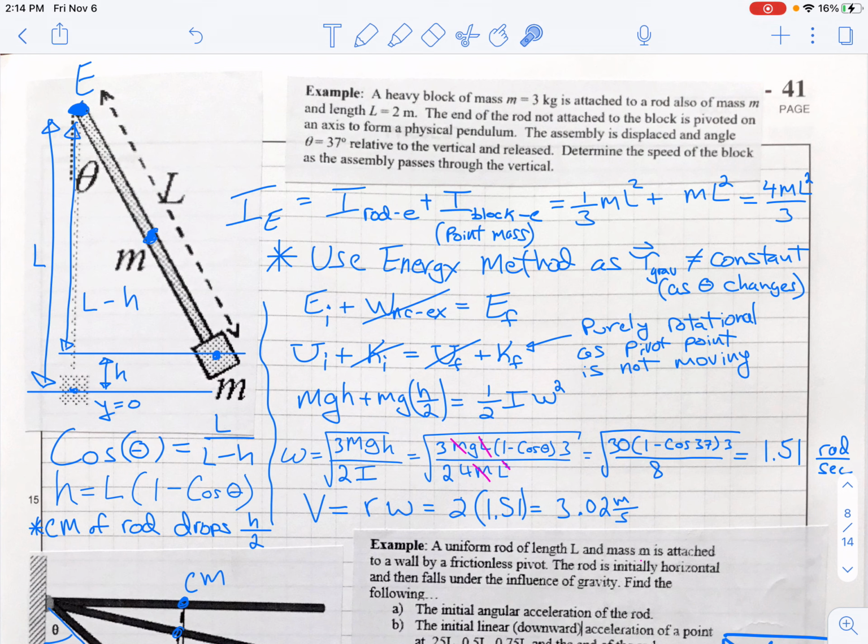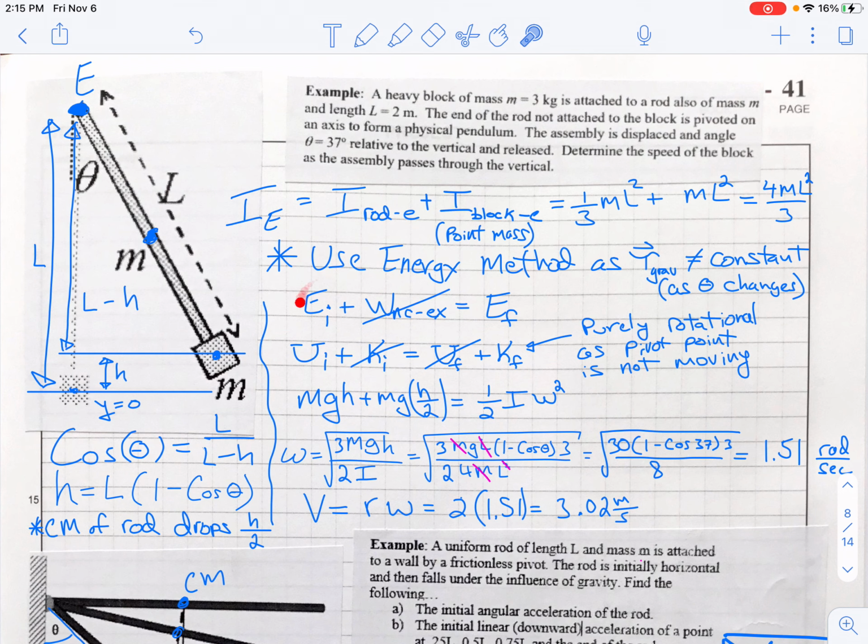So we're going to use energy here. Another clue that it's going to be good to use energy is that we're looking just for the speed of a block at a certain point. We can use the difference in height to help us find speed, when using forces, or torques in this case, isn't as convenient.